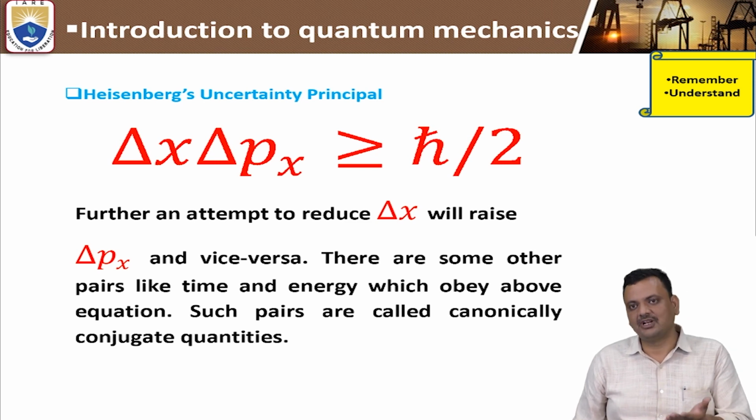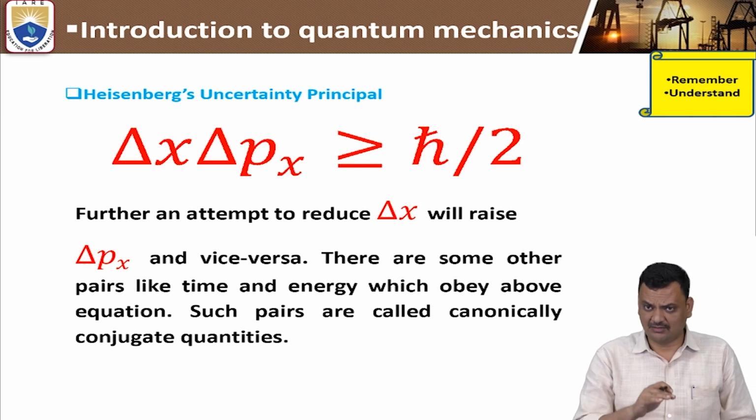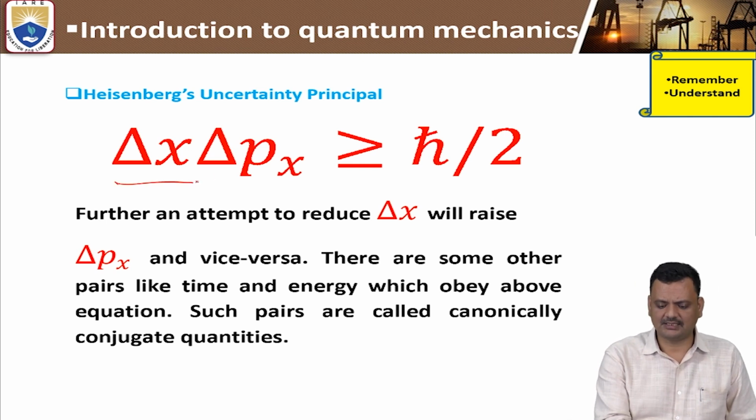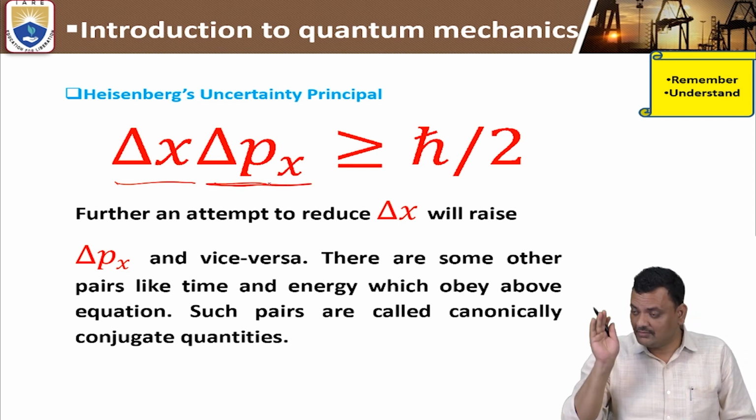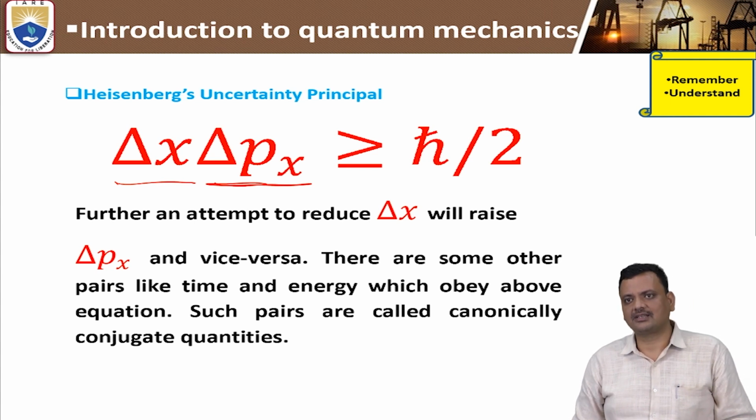So actually momentum is a vector term, so the same equation can be written in a more specific way: delta x multiplied by delta px, the uncertainty in momentum in the x direction, will be greater than or equal to h cross upon 2.